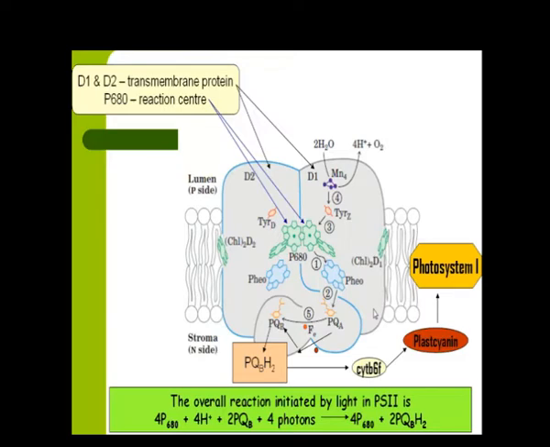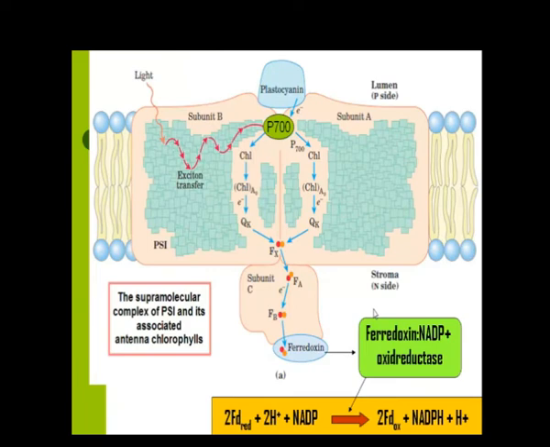Now, after plastoquinone A, the electron goes to plastoquinone B, and PQBH2 is formed on the membrane. This PQBH2 gives it to cytochrome B6F, which gives it to plastocyanin and photosystem 1, that means P700.